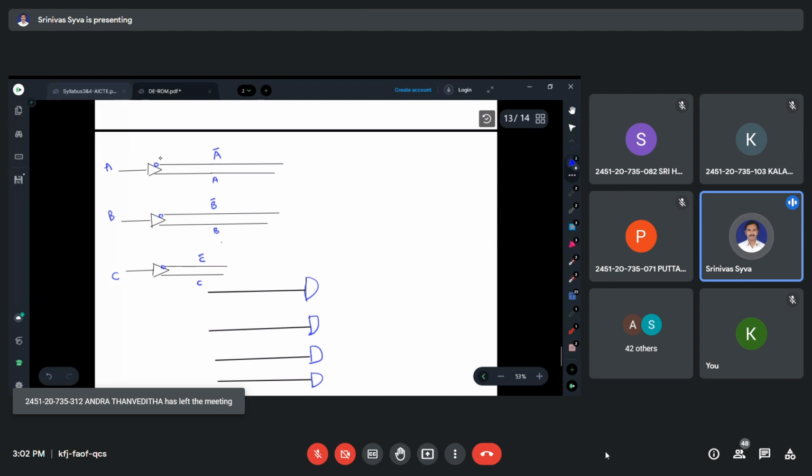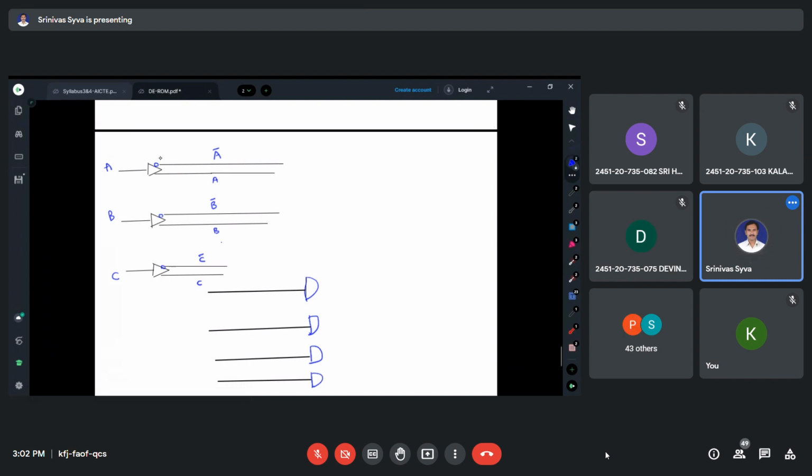That means the input variable is applied through a buffer. Through a buffer means as it is, like a unity gain amplifier. So A is applied through a buffer and you get A, and the same A is applied through an inverter and you get A bar. This is a common symbol for the buffer inverter device: one with a bubble is the inverter, and the other is the direct, normal form.